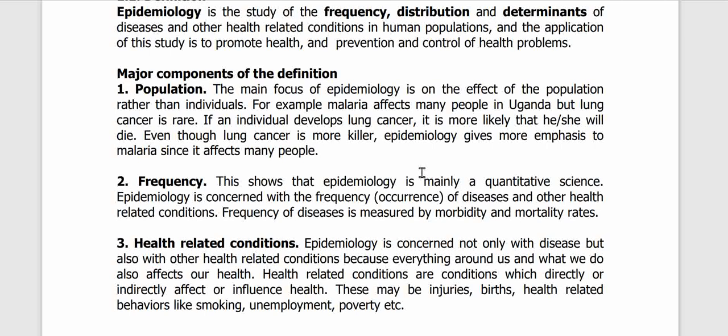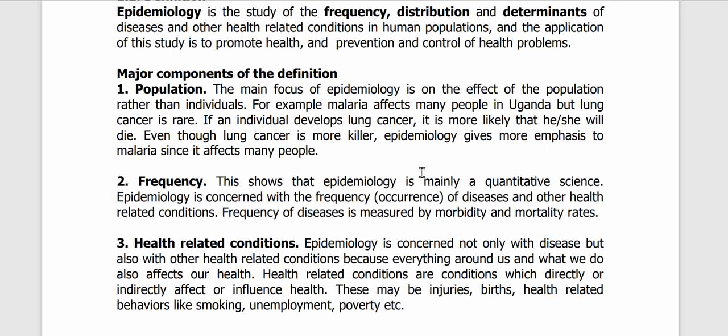So the measurement of frequency will always be based on morbidity and mortality. How would we know that the rate at which people are falling sick of a certain disease is increasing, and how will we know that the rate at which people are dying of a certain disease is increasing? We go straight and look at the morbidity rates and mortality rates of that particular disease.